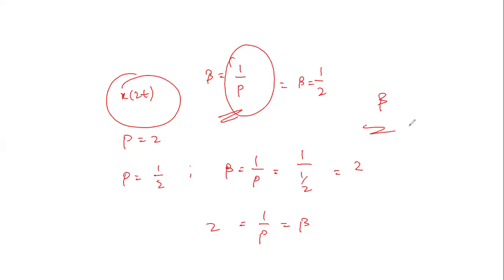Okay. So let us go to, we've done amplitude scaling. So the same applies for amplitude reversal. So same way, beta is the same as -1.